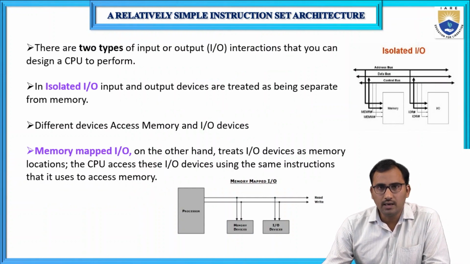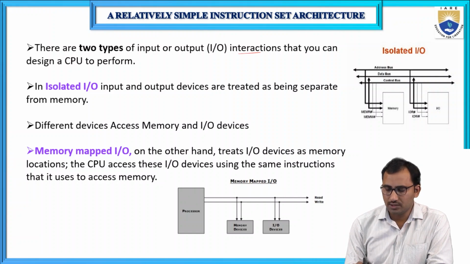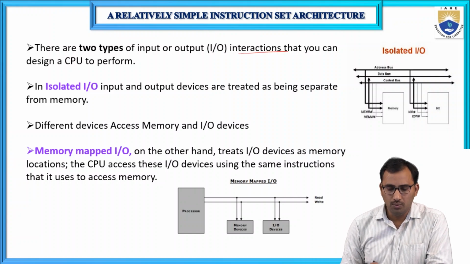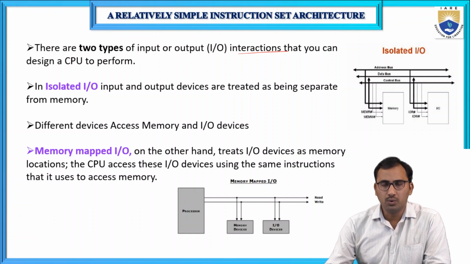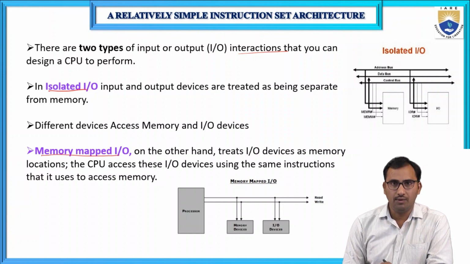There are two types of input-output interactions that you can design a CPU to perform. The first one is isolated I/O, and the second one is memory mapped I/O.